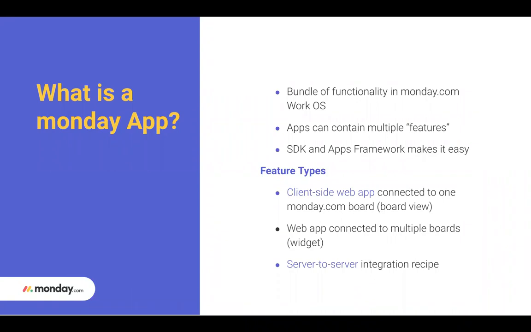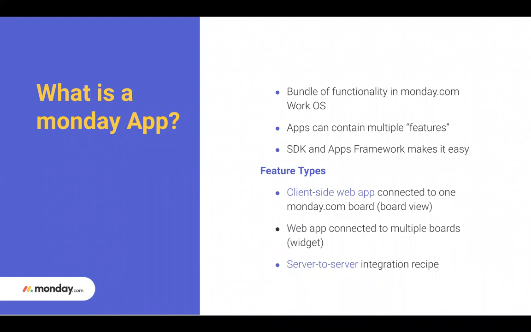A monday app releases some combination of that functionality. It can contain one feature, so your app can be just one single integration recipe, or it can contain multiple features, for example a full service app that has visualizations, integrations, widgets, all sorts of cool stuff. Your app can be as big or small as you want it to be.